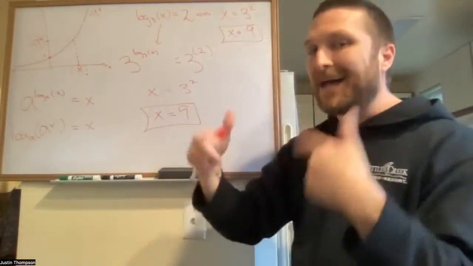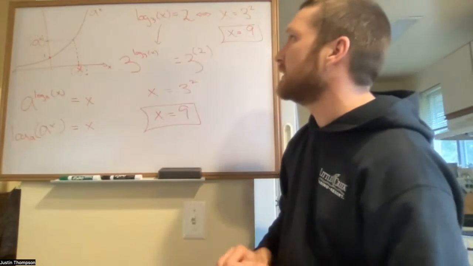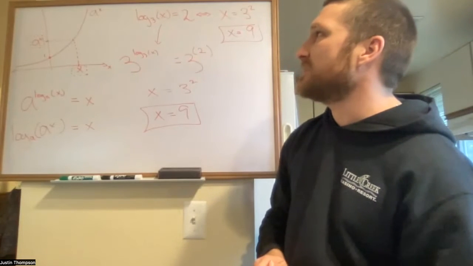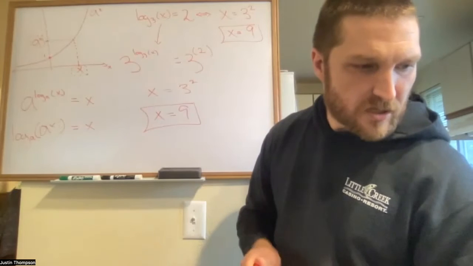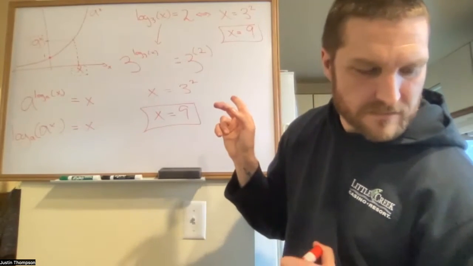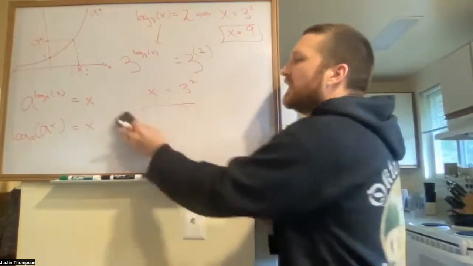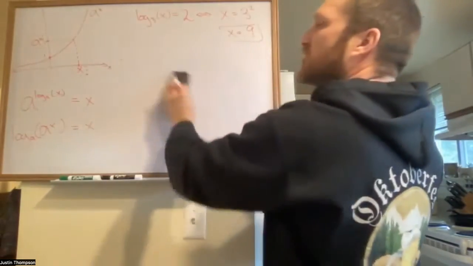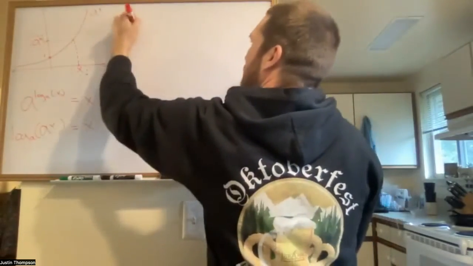And the way to undo it is to exponentiate both sides. And so it's very much the same thing. I'm not going to go too much into that. So does that make sense, what I'm saying here?